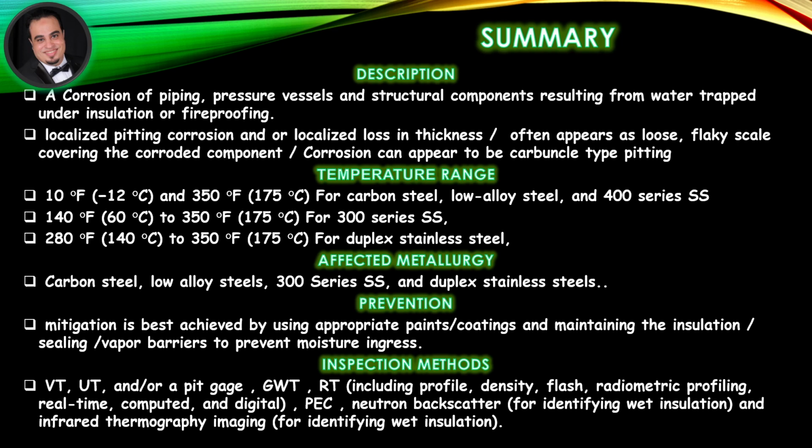Temperature range: 10 degrees Fahrenheit to 350 degrees Fahrenheit for carbon steel, low alloy steel, and 400 series stainless steel. 140 degrees Fahrenheit to 350 degrees Fahrenheit for 300 series stainless steel. 280 degrees Fahrenheit to 350 degrees Fahrenheit for duplex stainless steel.